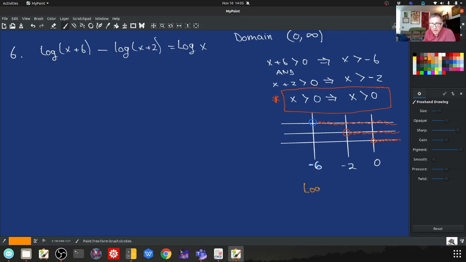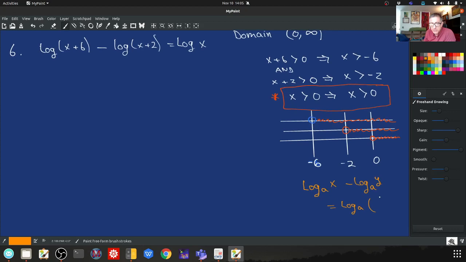The log to the base A of x minus the log, same base, to the base A of y is equal to the log to the base A of, do you remember what it is? x divided by y. Those are our logarithm properties. So I'm going to rewrite this as log to the base 10 of x plus 6 over x plus 2 is equal to log of x.